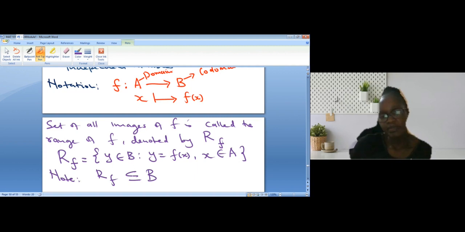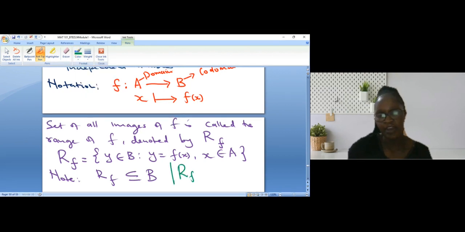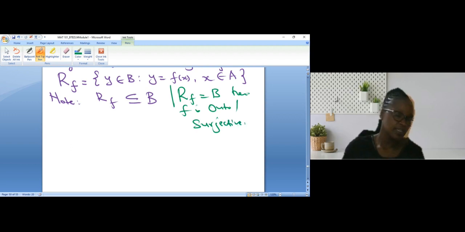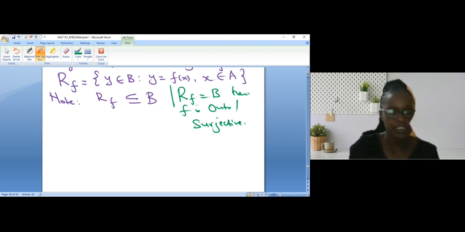In some cases it would be a properly contained subset, and when it coincides with the codomain, that is, when the range of f is B, then we say that f is onto or surjective. We mentioned this in a previous lecture. In that case, we say that the function is a surjective function.